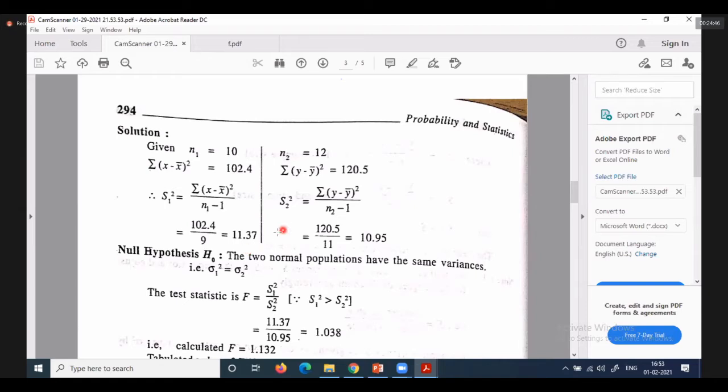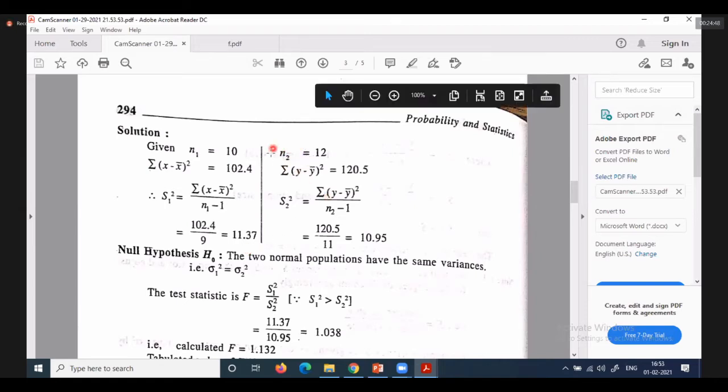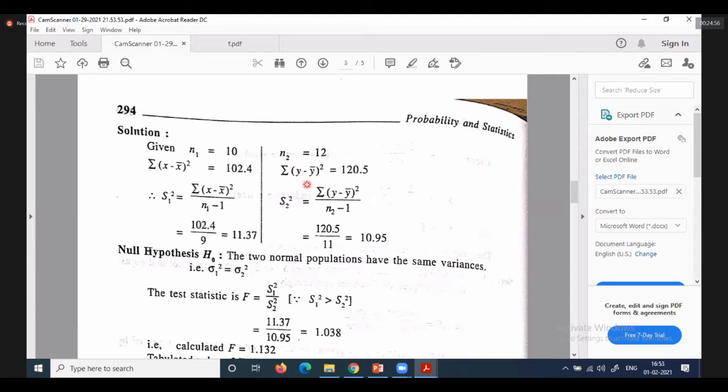Similarly, the second random sample size n2 is 12, and summation yi minus y bar whole square is equal to 120.5. By using this, you can find the variance: s2 square is equal to summation of squared deviations by n2 minus 1, that is 12 minus 1, 11.